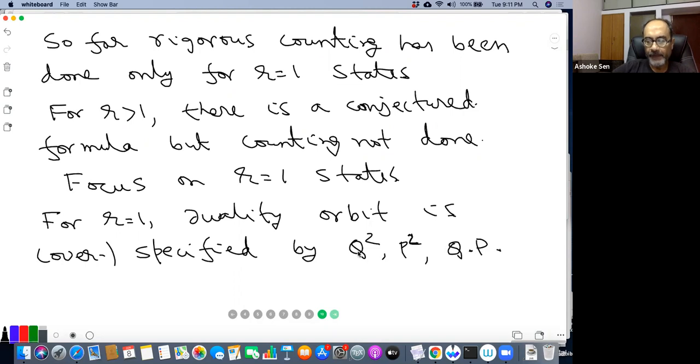But if you specify Q square, P square, and Q dot P, you have fixed an orbit. You don't have to specify the values of Q and P separately, for example. So this is the result that you are going to use.